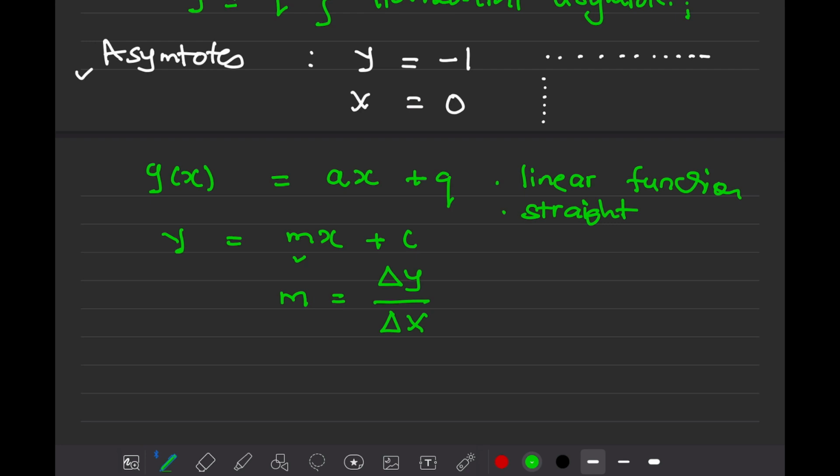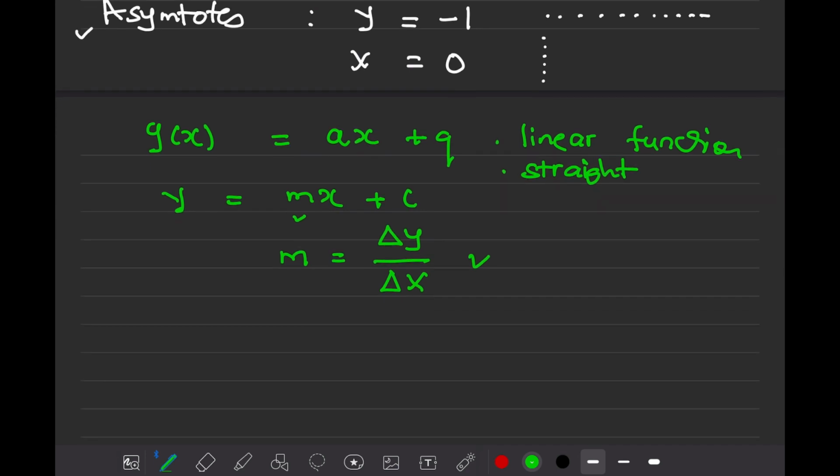So m is basically the gradient of the line. It just determines whether the line is steeper or gentle. And in our case, m, which is the gradient, equals this a that is here. Do you see the link?